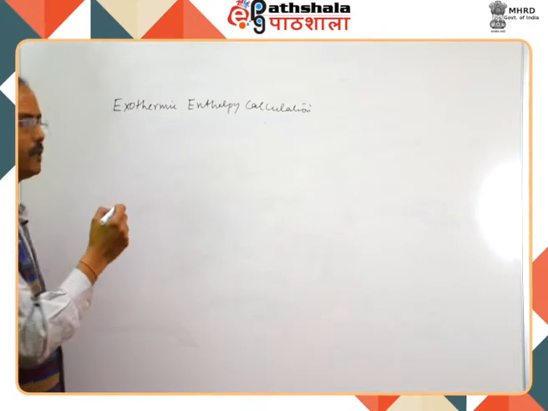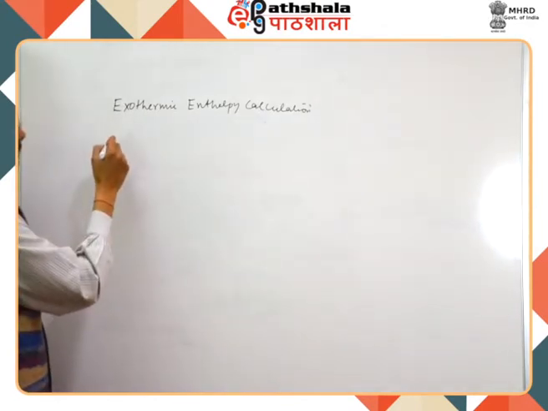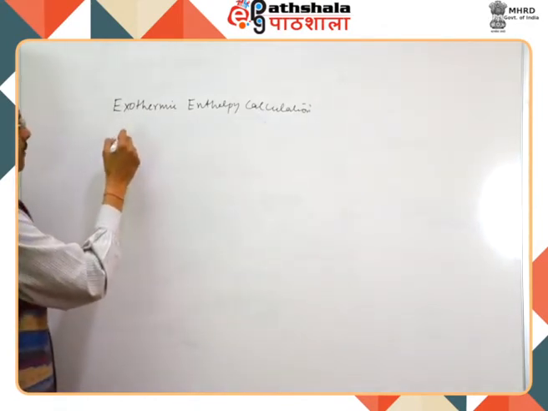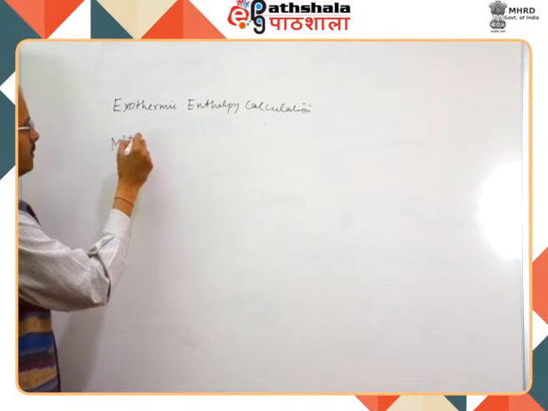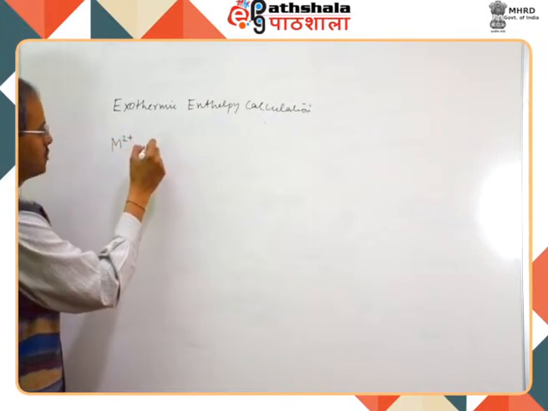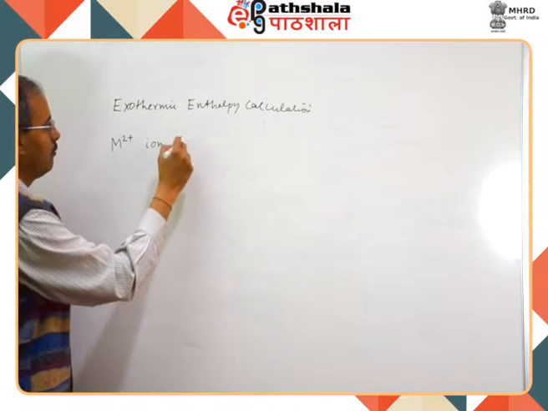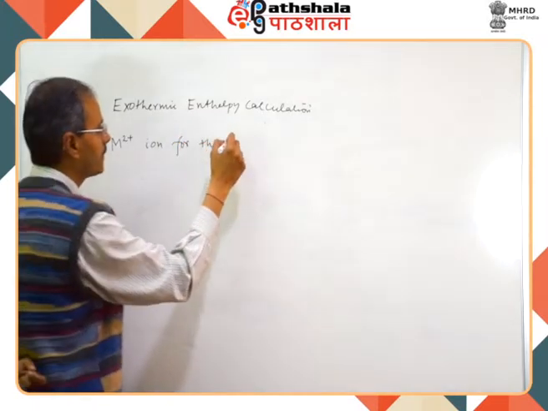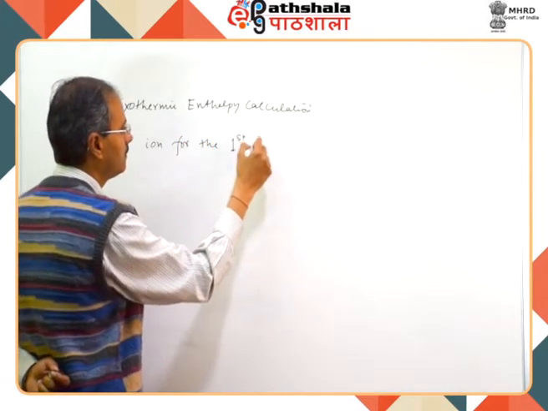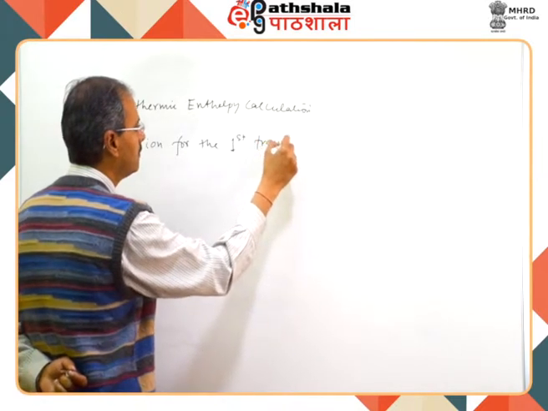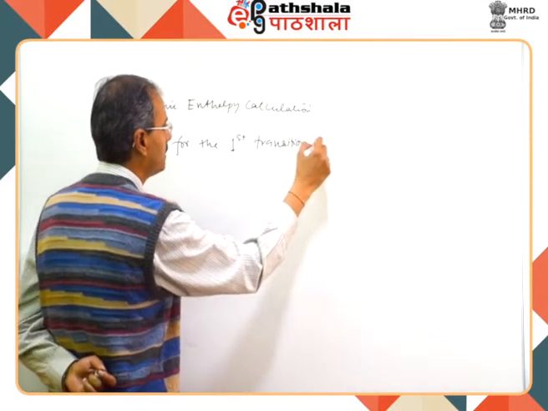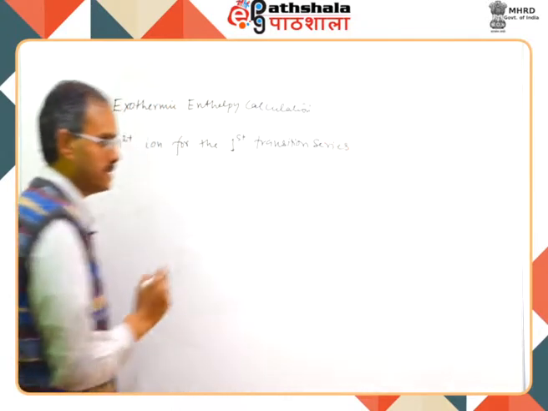For this particular example, we can take a metal in the 2 plus oxidation state, that means a 2 plus metal ion for the first transition series.